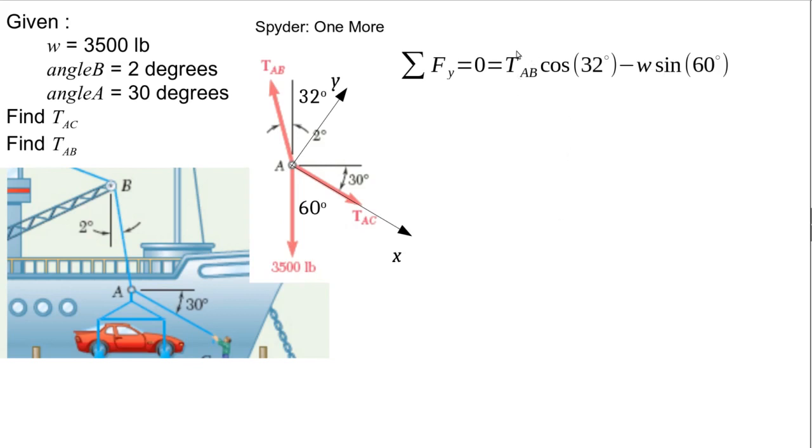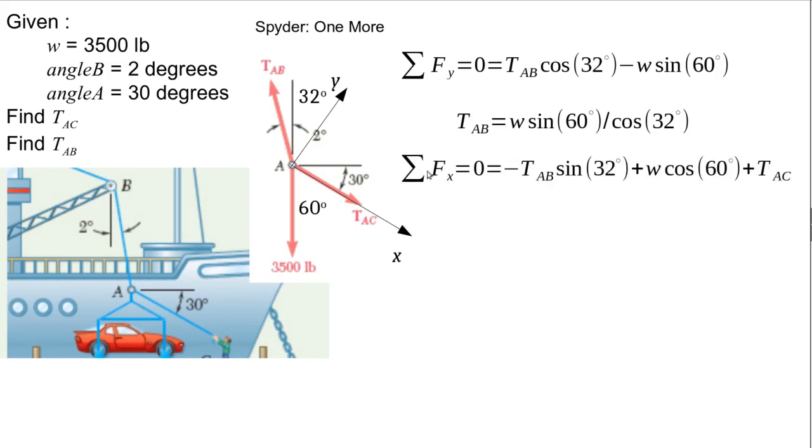Now here we only have one unknown, TAB. So we can actually solve for TAB. It's W sine 60 divided by cosine of 32. Now we can do some of the forces in our new x direction. And we see TAB times sine 32 going in the negative x direction.